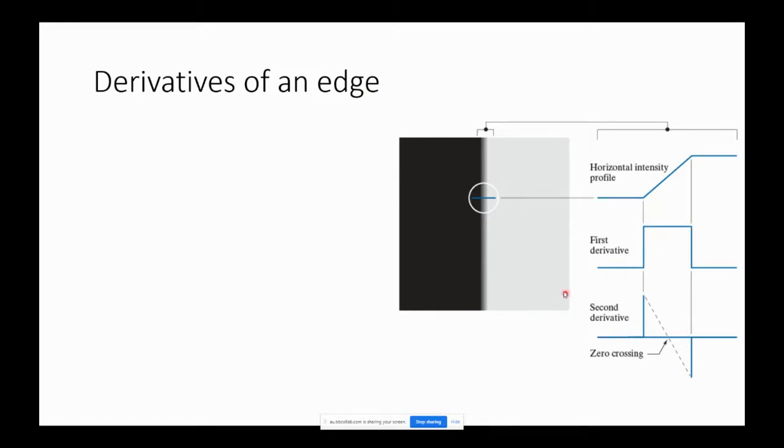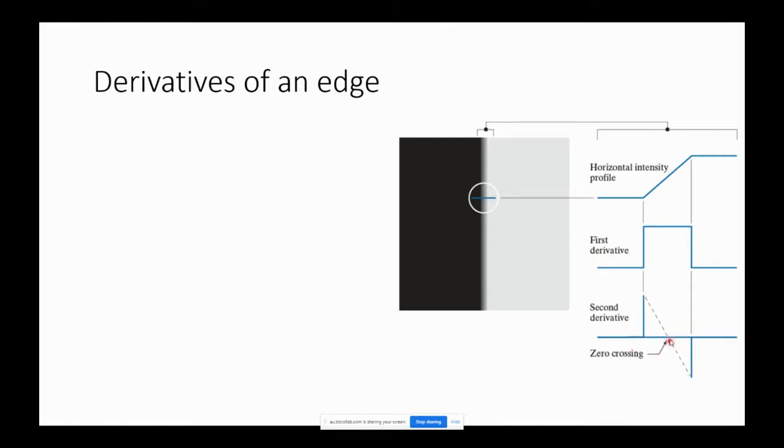If we look at the second derivative, we're going to see that here it changes from 0 to 1, a positive change, and then at the end of the ramp it changes from 1 to 0, which is a negative second derivative.